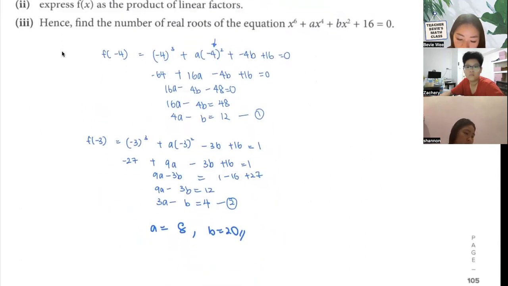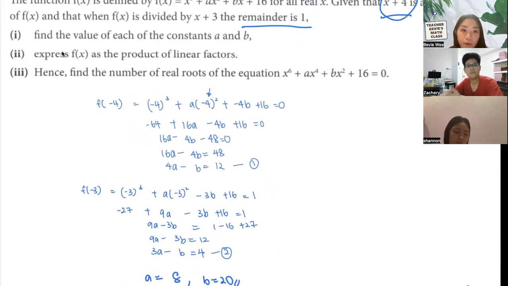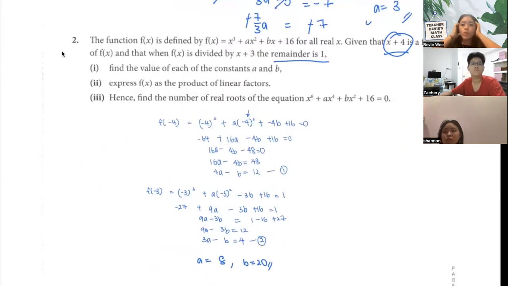Okay, then part b, what are they asking for? They said express f(x) as a product of linear functions, factors. What does it mean? Express f(x), which is a cubic polynomial, as linear factors, so factors that don't have the power.